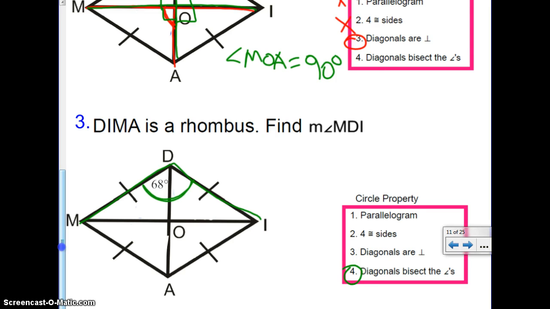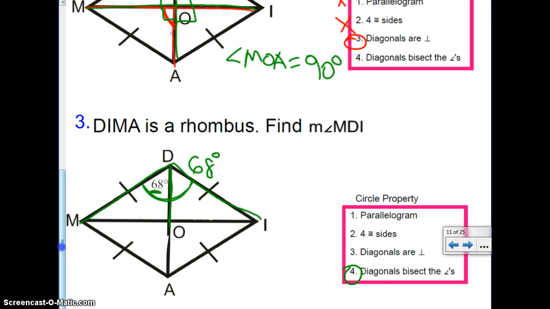But understand that the diagonals bisect the angles. What's that mean? If you bisect something, that means you cut it in half. So that means if this piece is 68, what's this piece over here? You guessed it, 68. No, not 680, 68 degrees, right?